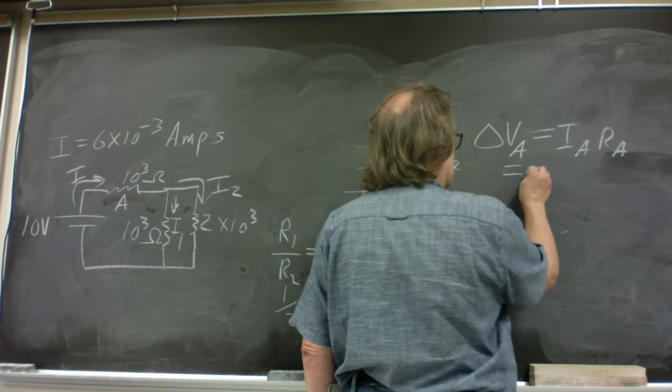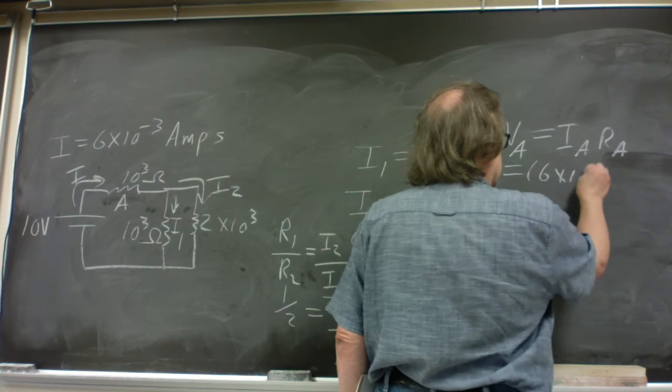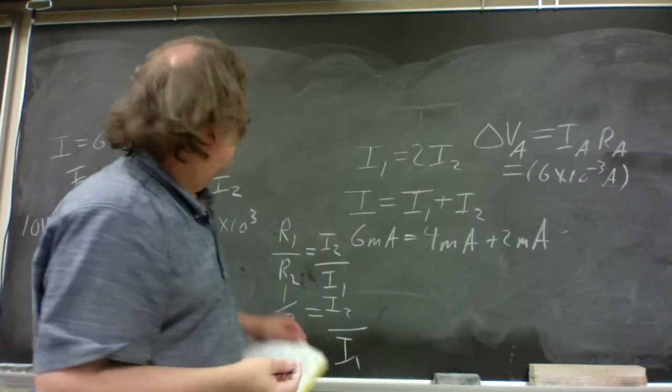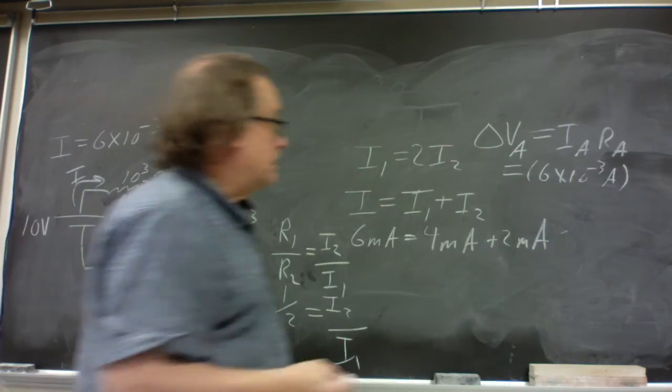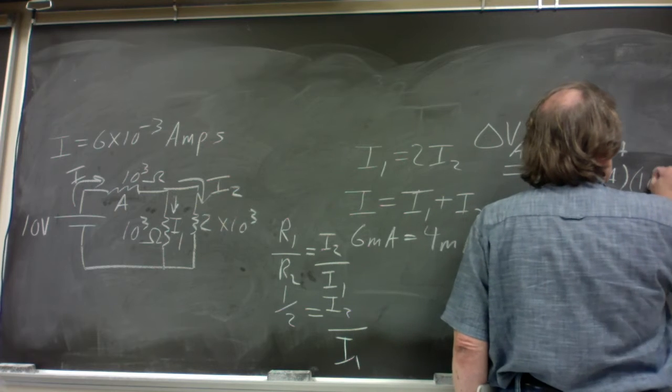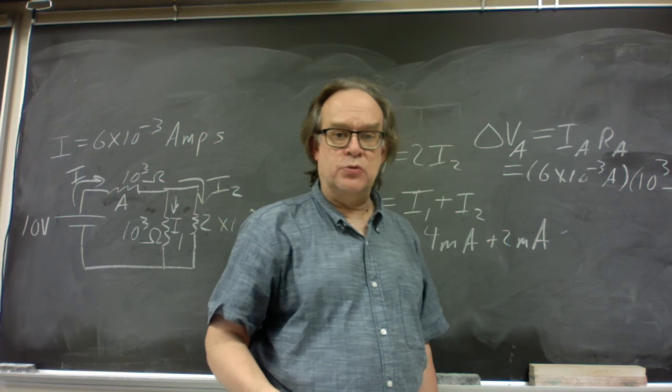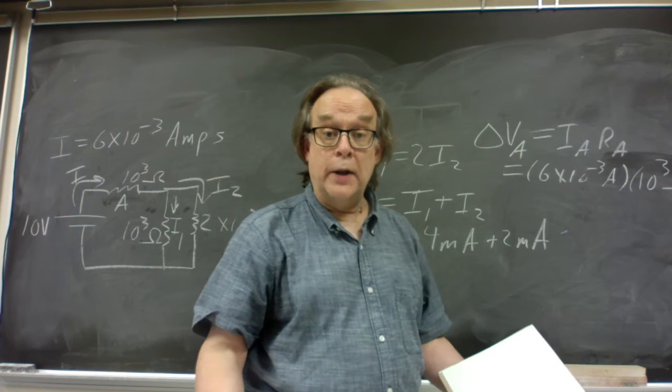is 6 times 10 to the minus 3 amps, and then the resistance was 10 to the plus 3 ohms. Well, 10 to the minus 3 times 10 to the plus 3 is just 1.